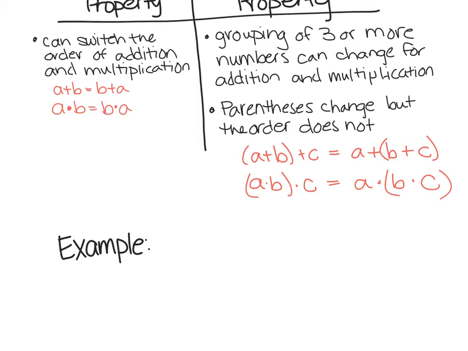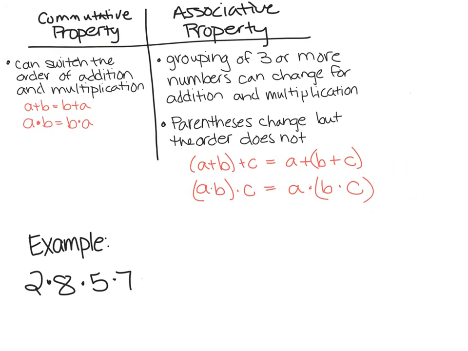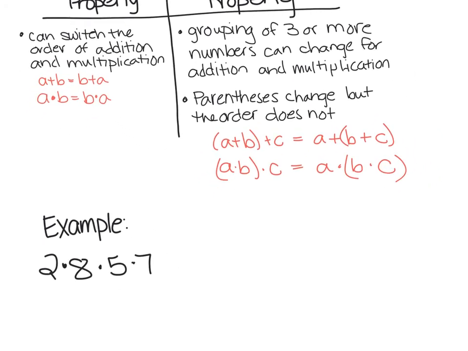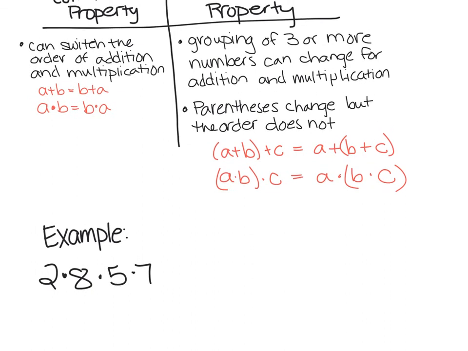If I have 2 times 8 times 5 times 7, I can rearrange it to make the math easier, because if I left it like this, 2 times 8 would be 16, 16 times 5 might take me a while to do, and then that number times 7 is going to take a while. So we can move things around to make it easier. This time I'm going to rearrange it so that I have 2 times 5, because that's a nice number, 10, and then my times 8 times 7.